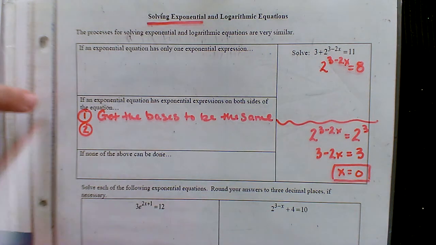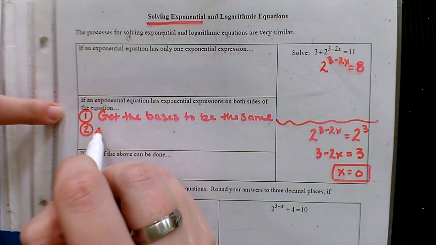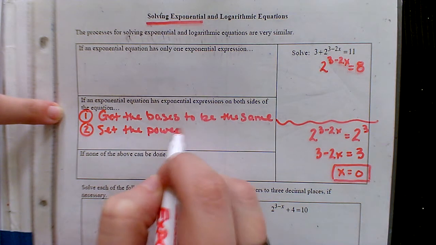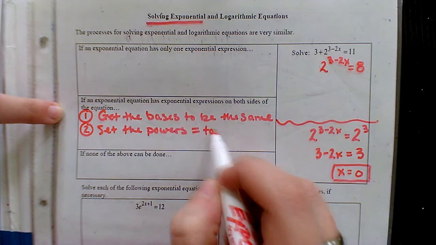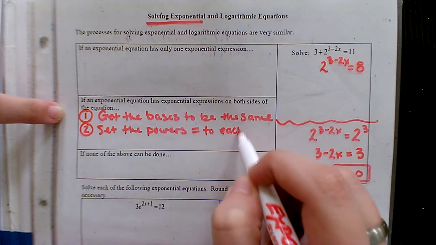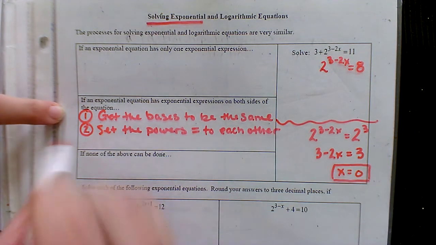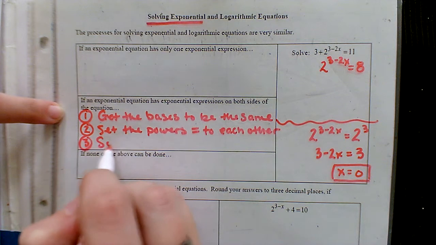After we got them to be the same, we set the powers or exponents equal to each other. And last but not least, we solved for x.